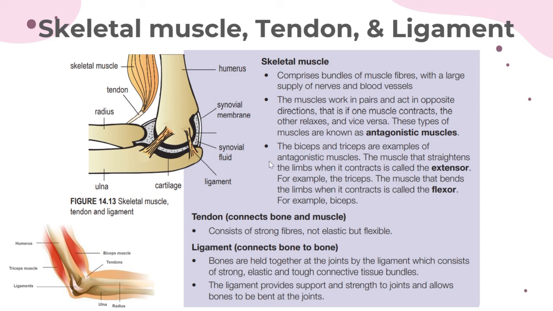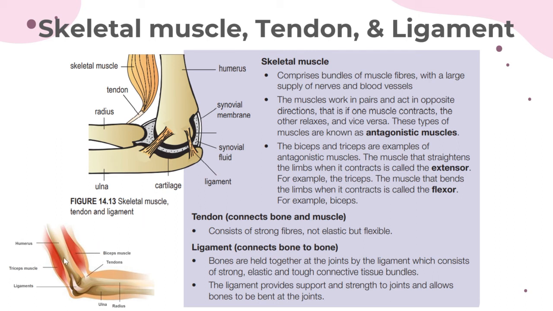Okay, next we go to the next point here. The bicep and tricep are examples of antagonistic muscles. This is our bicep, this is our tricep. The muscle that straightens the limb when it contracts is called the extensor, for example the tricep.